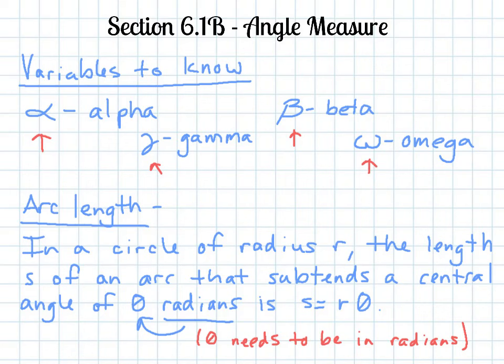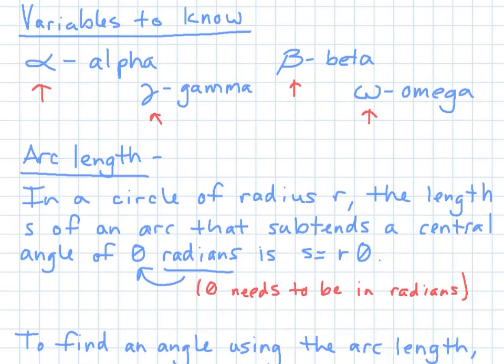Gamma comes into play in the next section, angular and linear speed. Just keep an open mind, know that those are just variables, not something ridiculously outrageous.